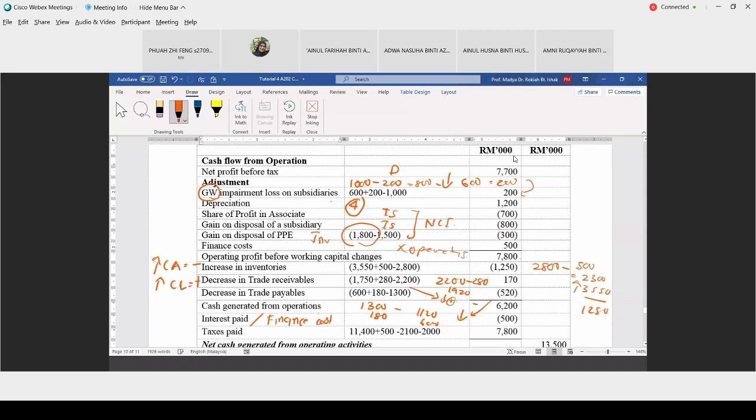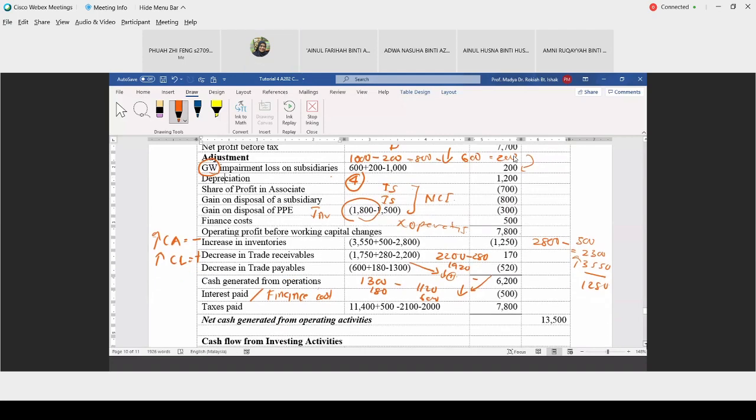Okay, tax paid. For tax paid here, we're going to have 11,400. We're going to calculate the tax paid. The tax paid here is from your deferred tax. You have a beginning balance of 2,100.